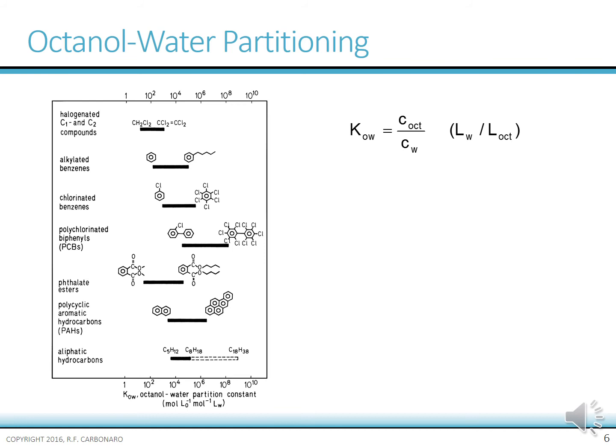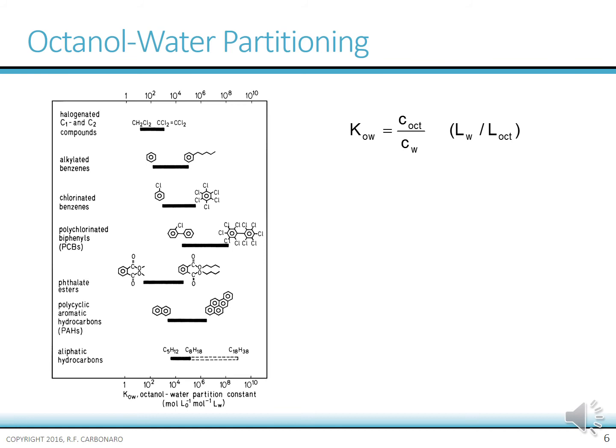Let's focus in on benzene, the alkylated benzene bar at the top. You can see benzene has a KOW, and since this is a log scale, of about 10 to the 2.2. So it's got a KOW of just over 100.